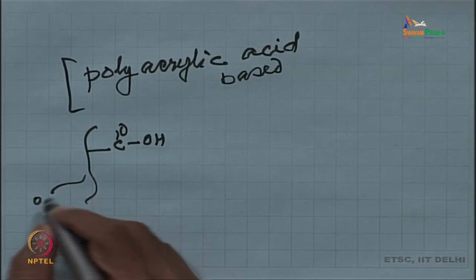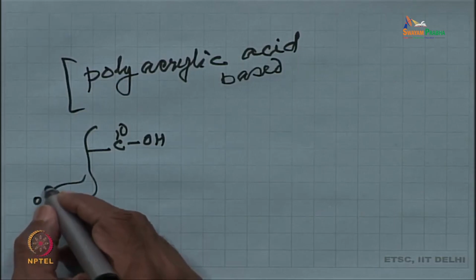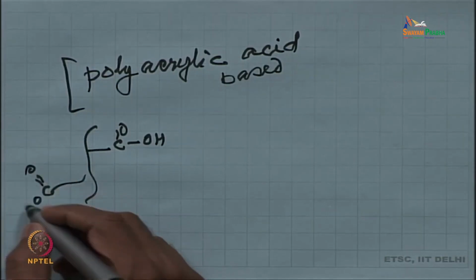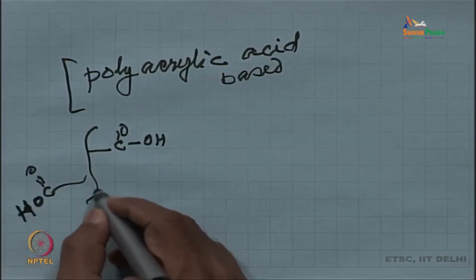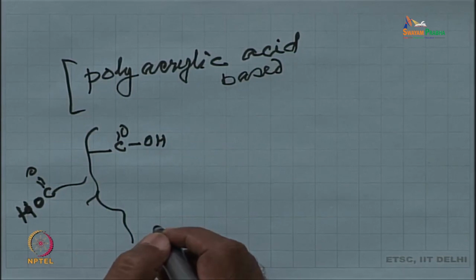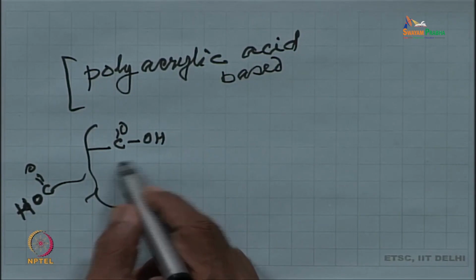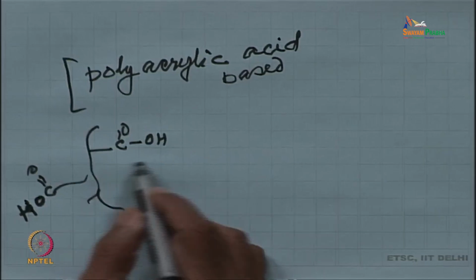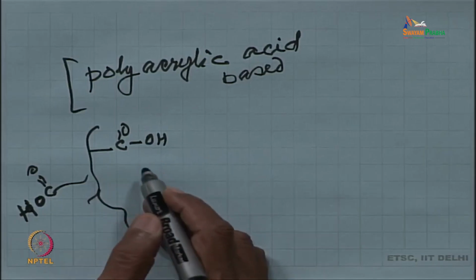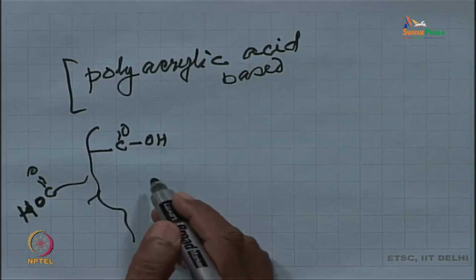Can you see the structures? So the acrylic compounds, and so there will be a large number of COOH groups. But the COOH group by itself is not so much ionic.